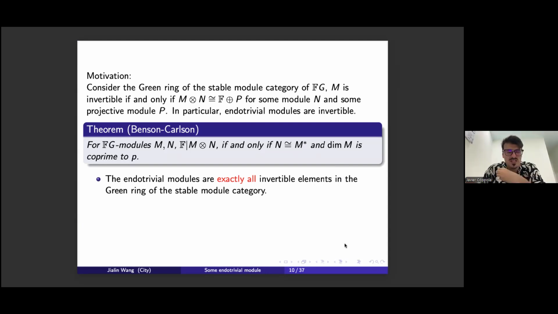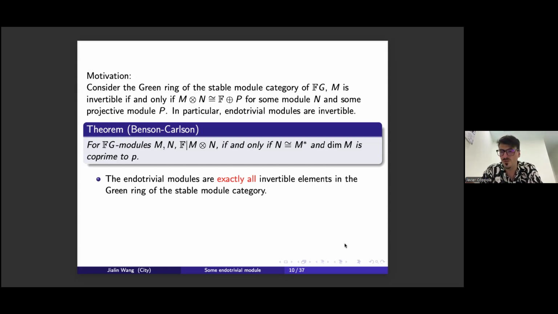So that induces a group morphism between the T's of the groups. Does that induce a morphism from the groups of endotrivials, or is there anything else?